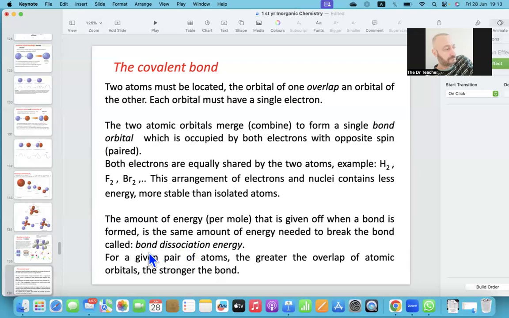And that bond, we need energy called bond dissociation energy. For a given pair of atoms, the greater the overlap of atomic orbitals, the stronger the bond.